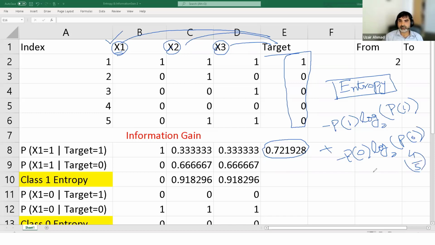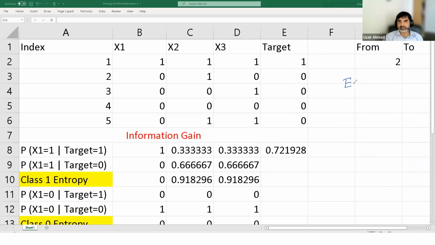Take log base 2 of 4 by 5, multiply it by 4 by 5. Don't forget to put minus there. And 1 by 5 is the probability of 1. Log base 2 of the probability of 1 is, again, log base 2 of 1 by 5. Add these two numbers, you will get the entropy of this small set of 5 elements, which is 0.72.